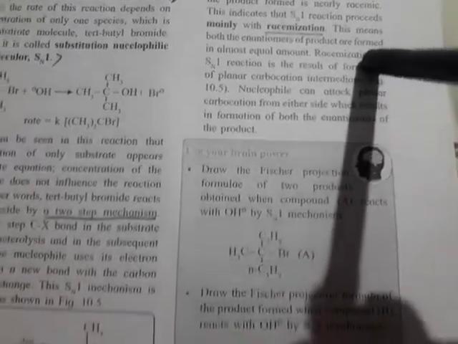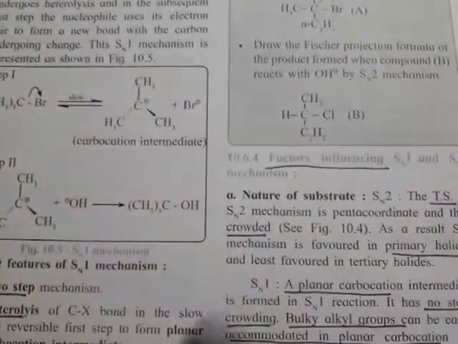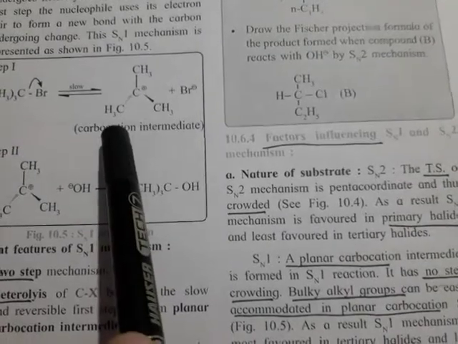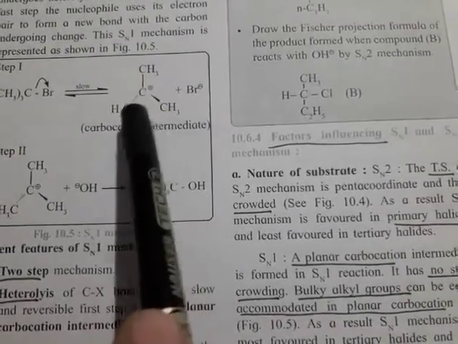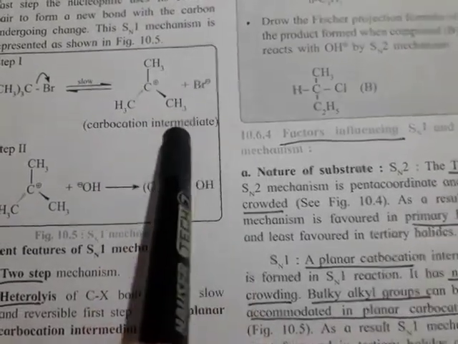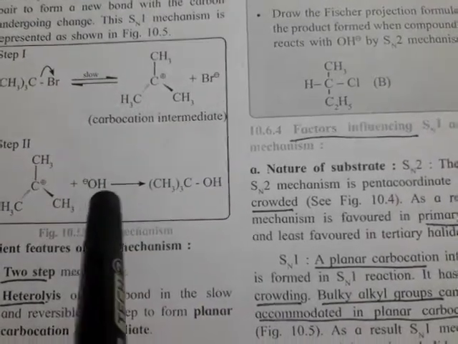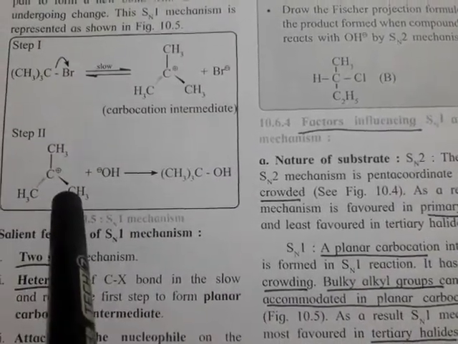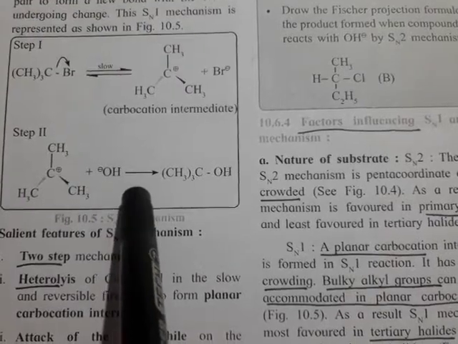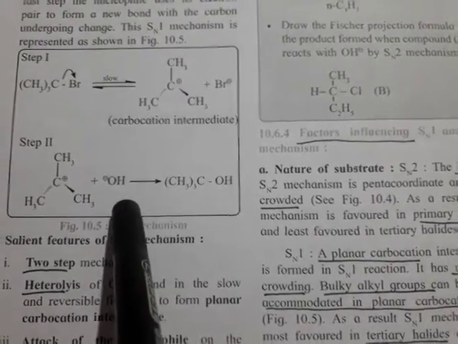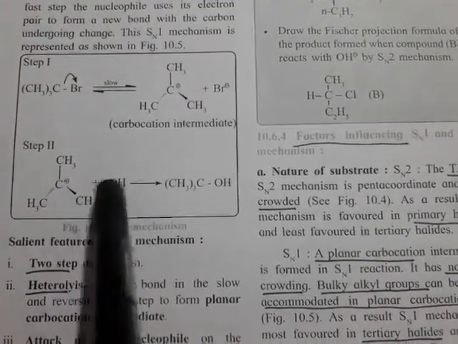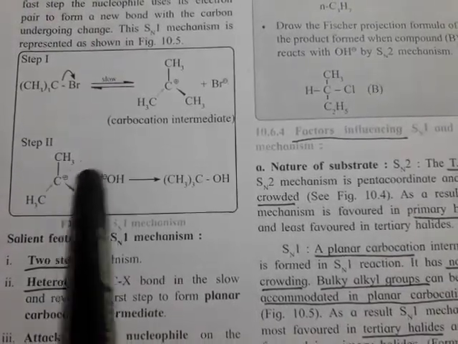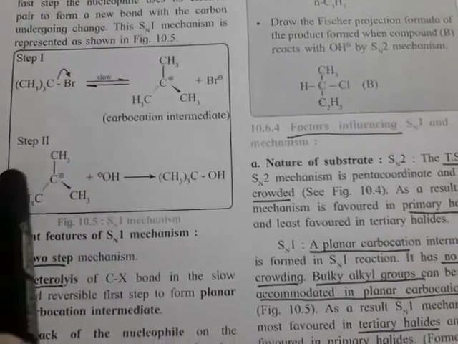Why do we get a racemic mixture? Suppose that substance is optically active. It means that in this case this carbon should be attached to A, B, C, 3 different groups, and OH minus has to attack this carbonium ion. Now OH minus has a choice, right? It can attack this carbonium ion either from front side or from back side.